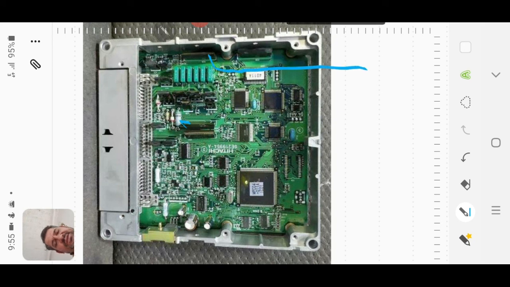This chip is for idle air volume. If the idle air volume is not working properly, you can simply check this chip. Trace the wire. After tracing the wire is good, then 100% this chip can be the problem.